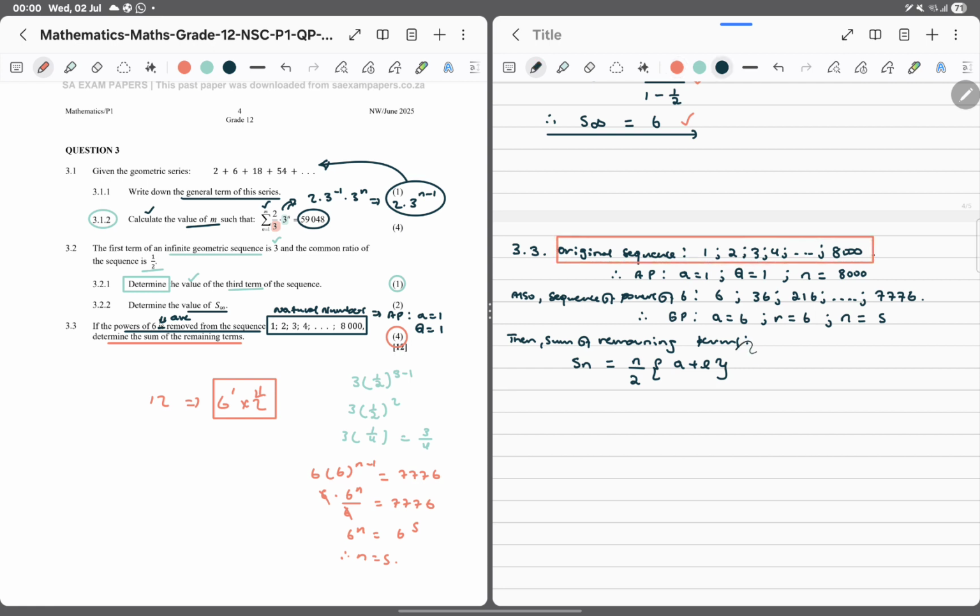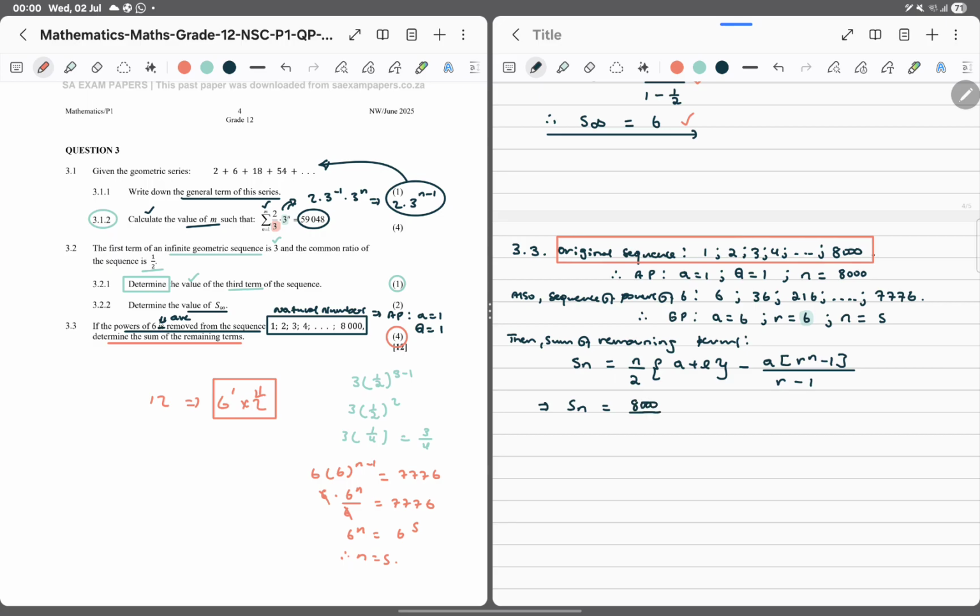So we will subtract the sequence of these other ones. So this is going to be A into R to the n minus 1, all divided by R minus 1. The reason we're choosing the formula is because R is greater than 1. Nice and easy.